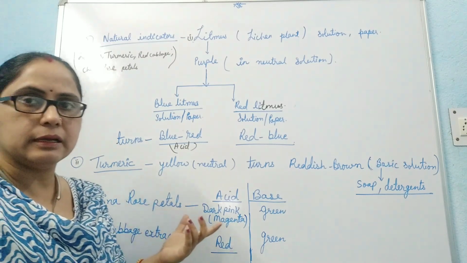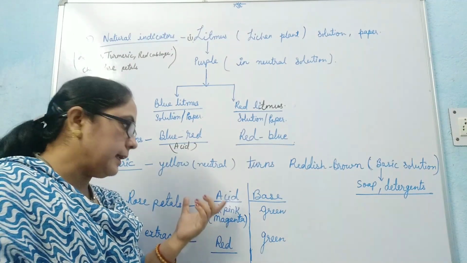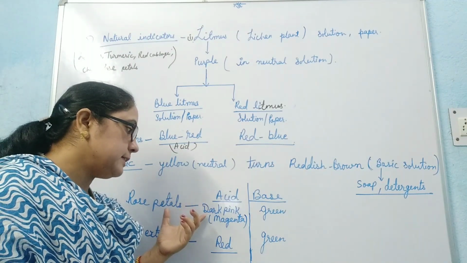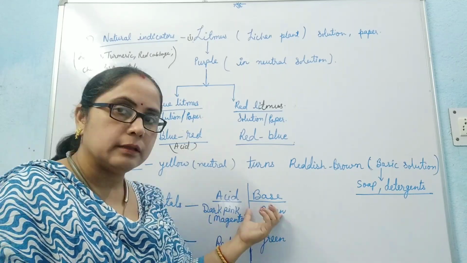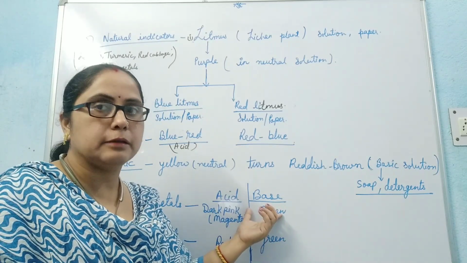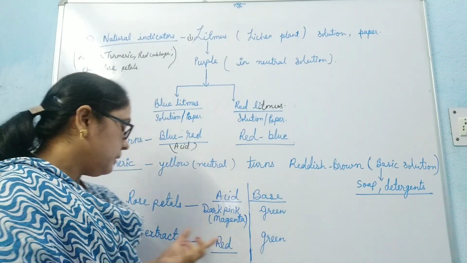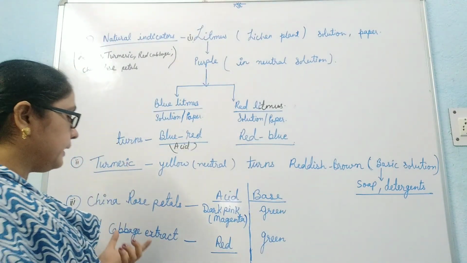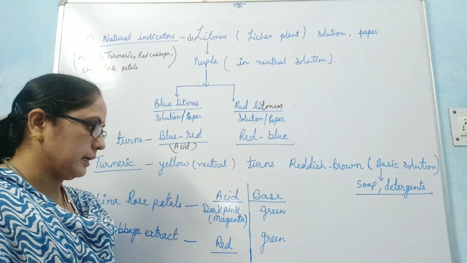Third type of indicator is China rose petal. It is pink in color, as you have seen. In acidic solution it changes its color to dark pink, that is magenta. And in basic solution it changes its color to green. The other natural indicator is red cabbage extract.